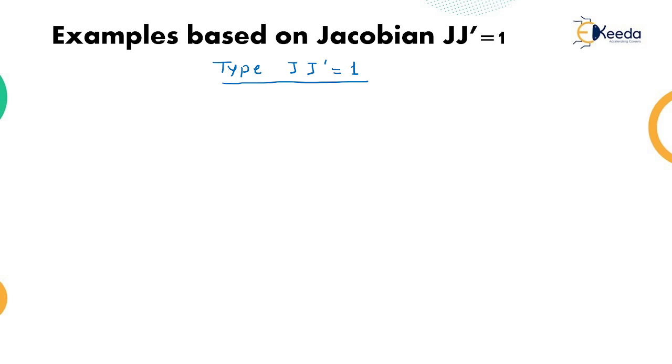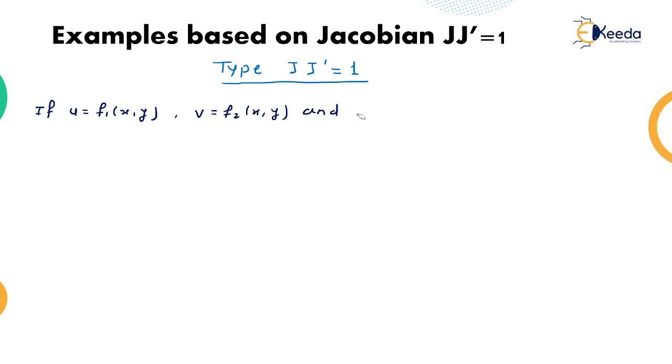If u is a function of x, y, that is f1 of x comma y, and v is a function f2 of x comma y, which means u and v are functions of x and y, and I'm writing here that x is a function of u comma v.